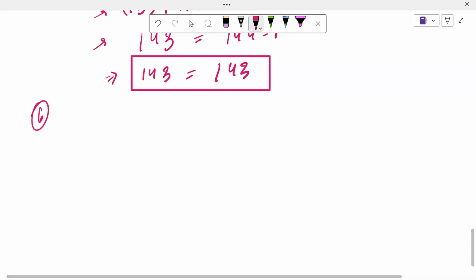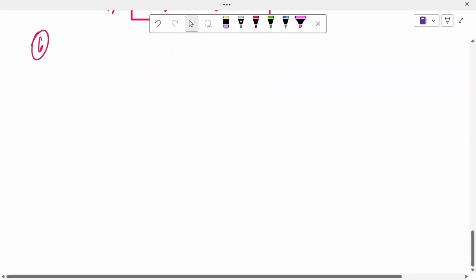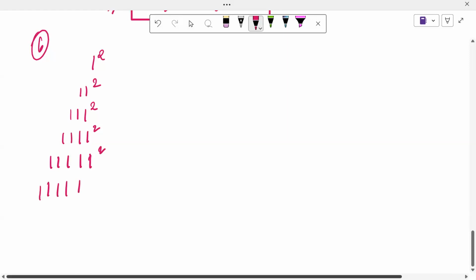It says that you have 1 square, then 11 square, then 111 square, then 1111 square, and so on, up to 8 ones squared. You can just keep on increasing it.